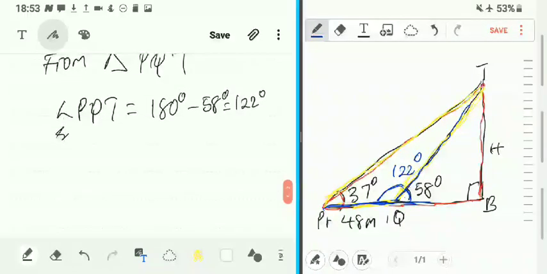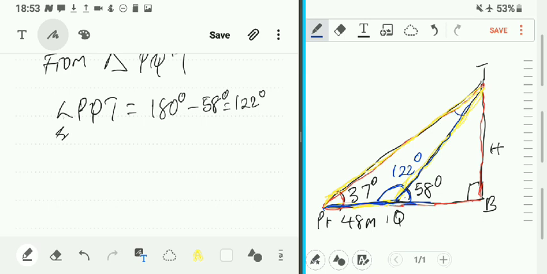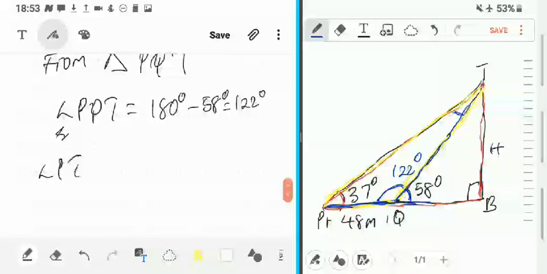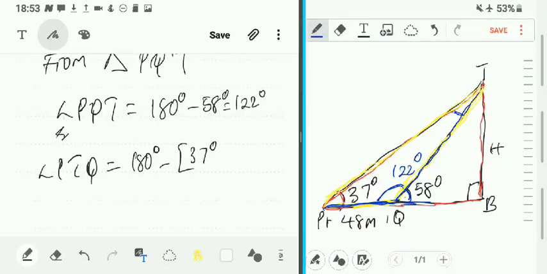If you don't understand how I named this angle, please check the first video. Then what is the angle at T? Angle PTQ is equal to 180 degrees minus the sum of 37 degrees and this 122 degrees.